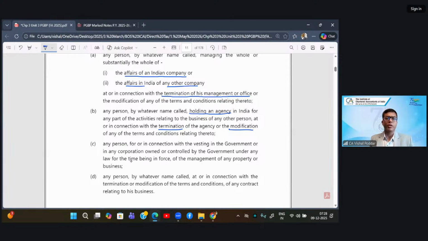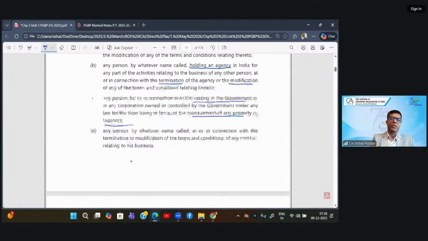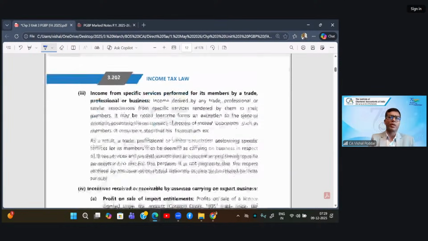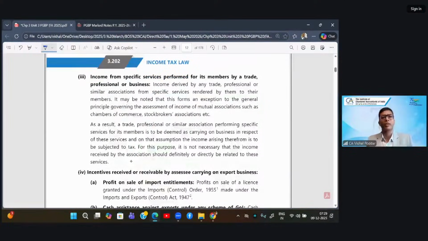Similarly, where you had the rights of management of any property or business, and now that right has to be given to the government, these are all different types of compensation which you receive for the loss of your right to run that business, right to manage that property. That is PGBP.